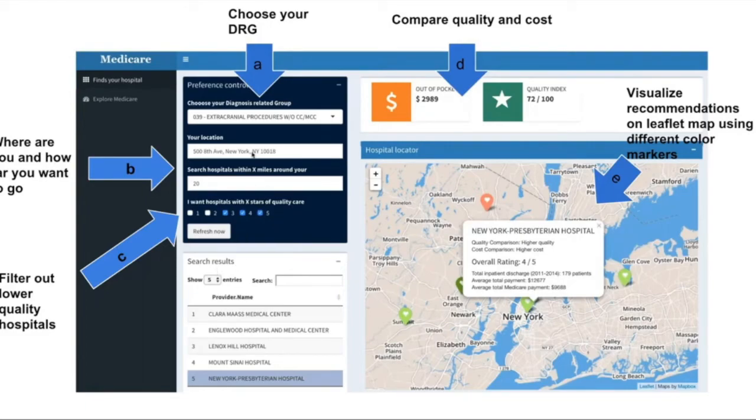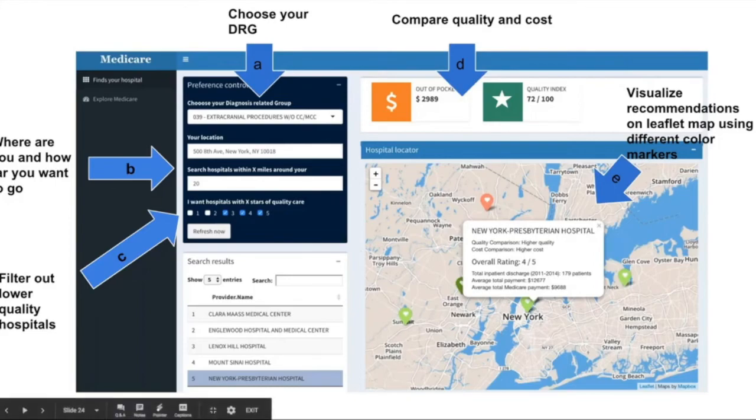When you click the refresh button, it will pop up all of the hospitals with different colors of icons, and this here is the list of recommended hospitals, shown based on the level of care and the level of cost.